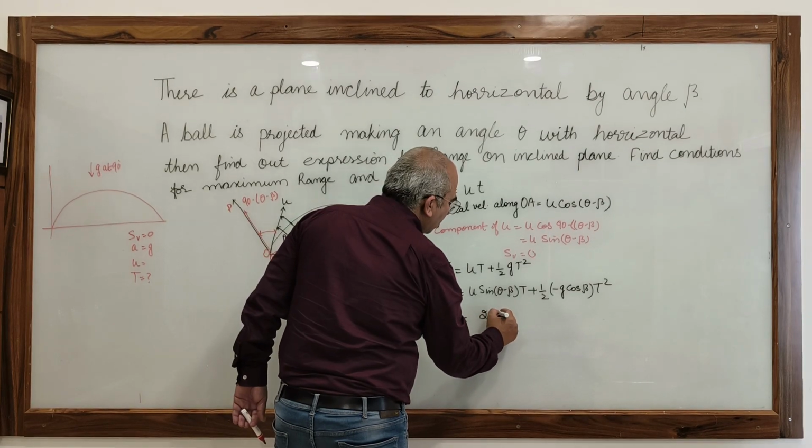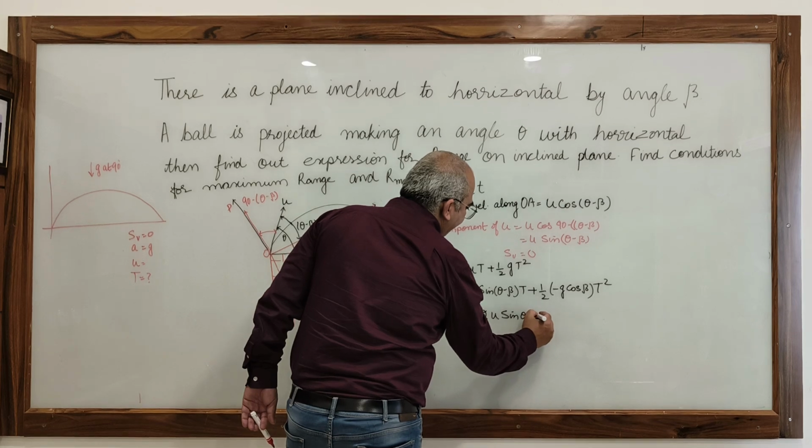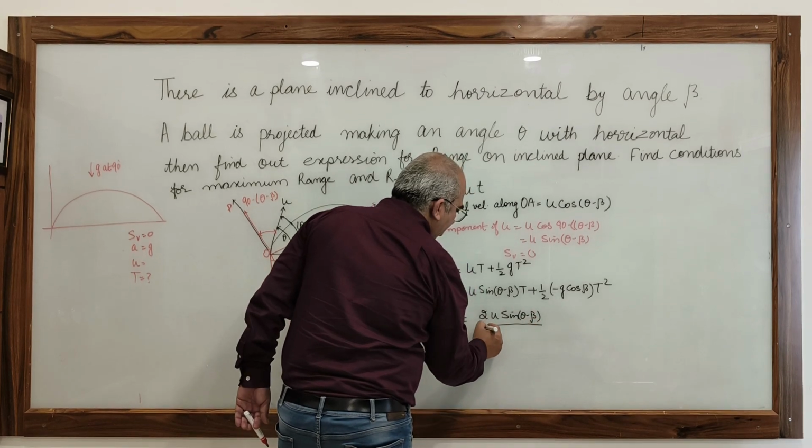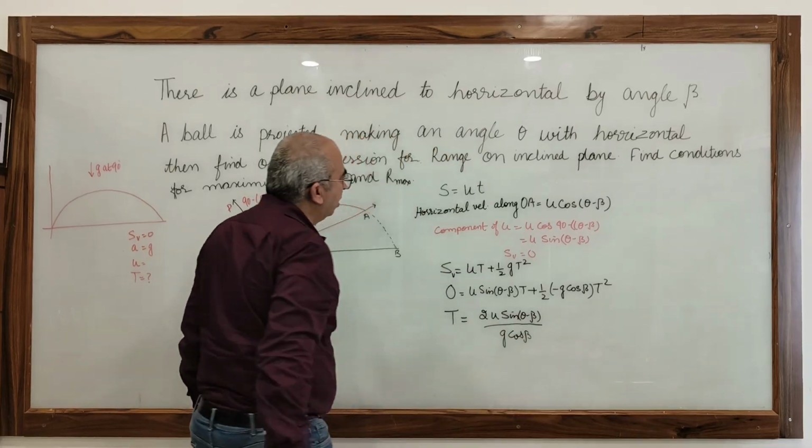t equals 2u sin(theta minus beta) upon g cos beta. This is the value of t.